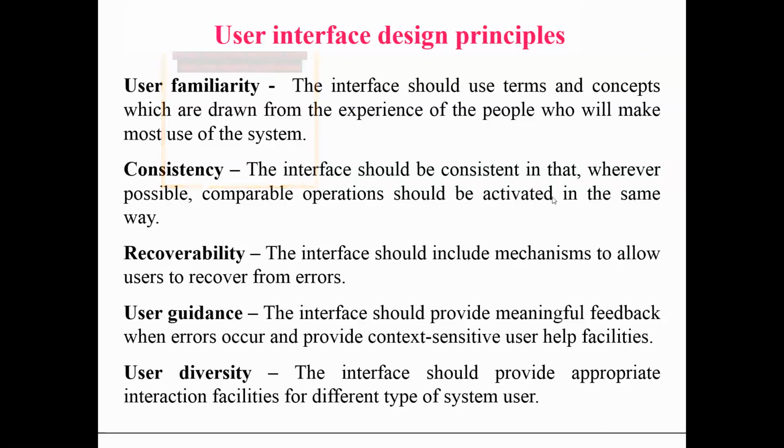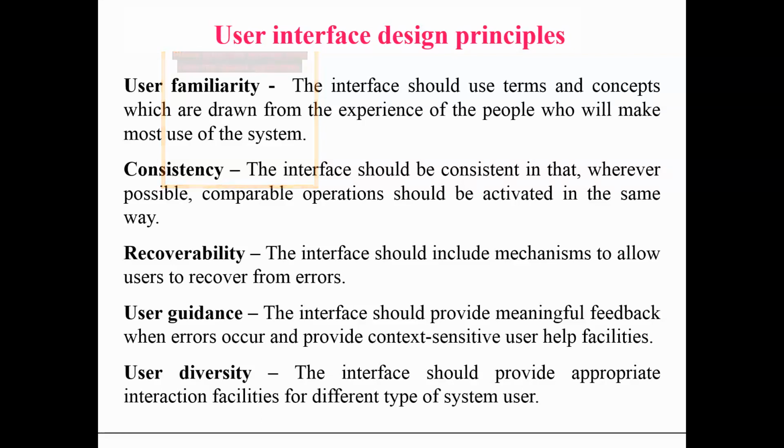The first one, user familiarity. That means the interface always needs to use terms and concepts which are familiar to users, from the user's experience. Consistency: the interface should be consistent. Like the buttons, where the button is, and the menus all need to be consistent.